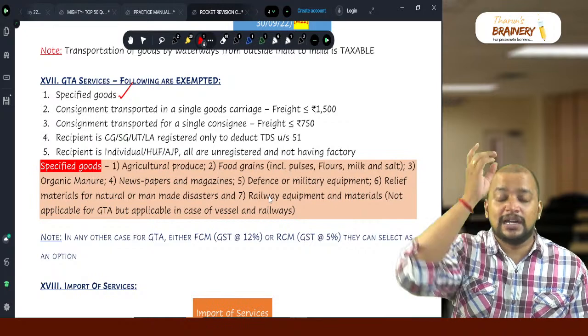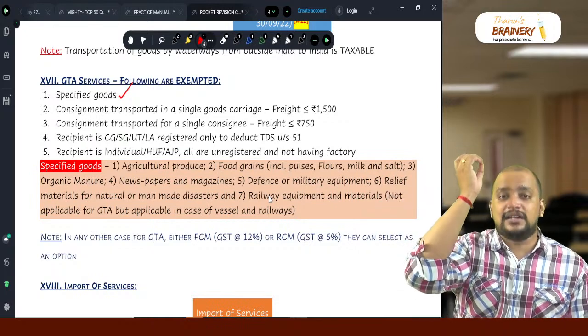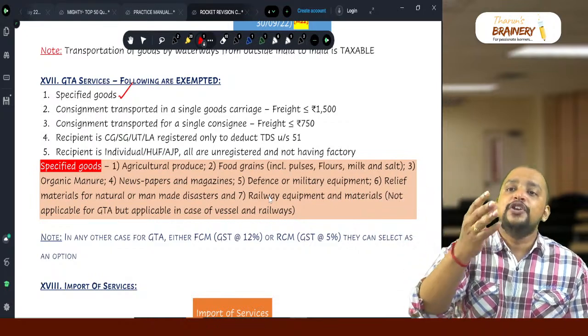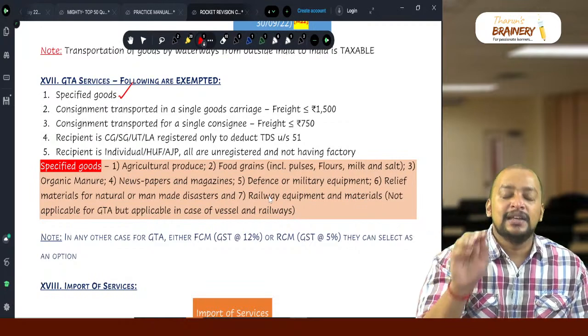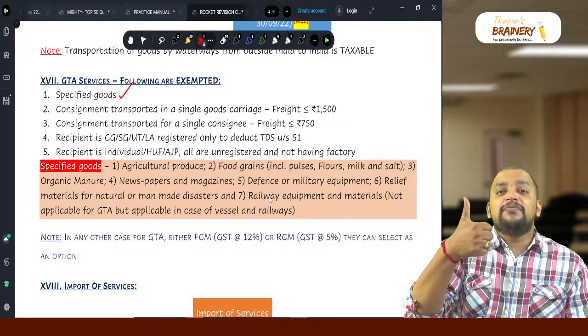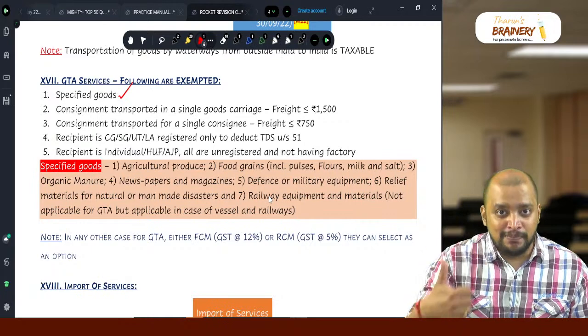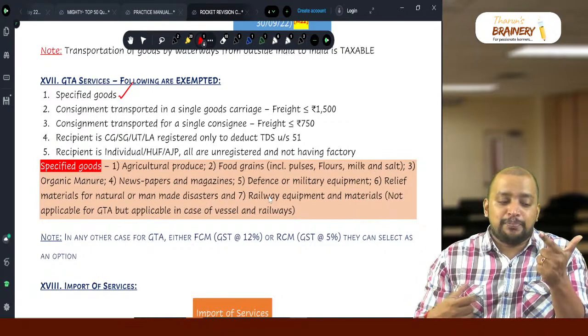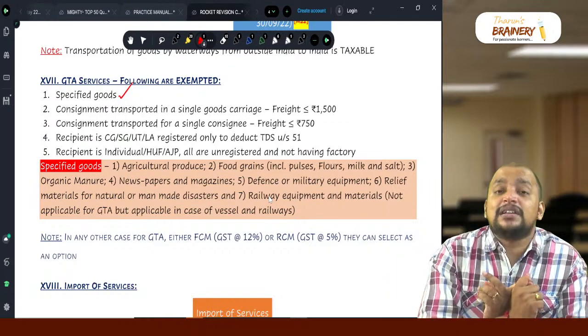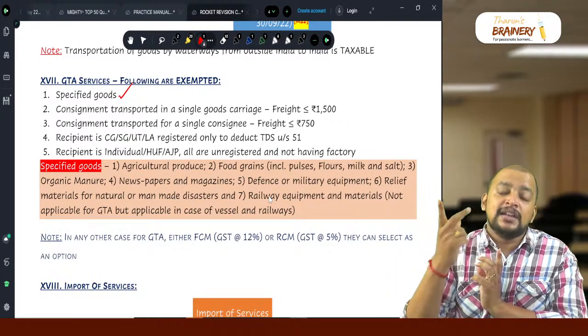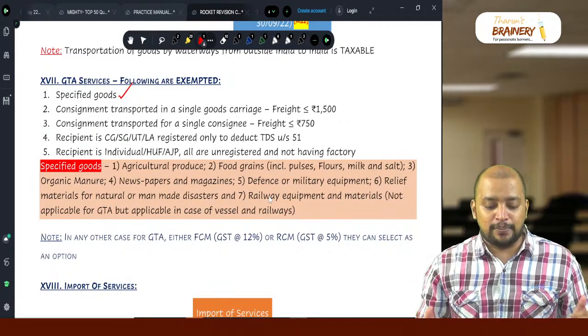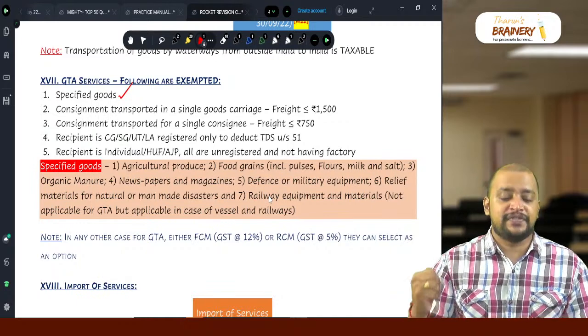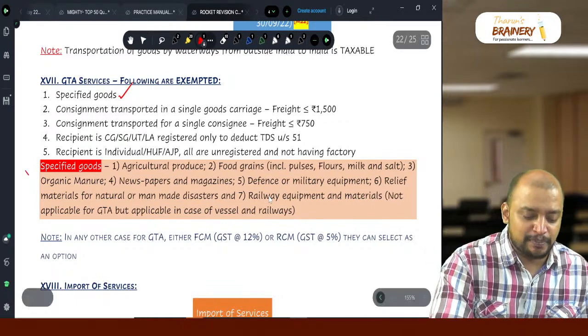That will be coming under agricultural, that is 3 notified goods. Then newspapers and magazines. Then relief material for natural or man-made disaster. Then defense and military equipment, railway equipment. But this railway equipment is not specified goods for GTA. But in the other 2 places, railway equipment will be coming under specified goods. So this is the list of specified goods.